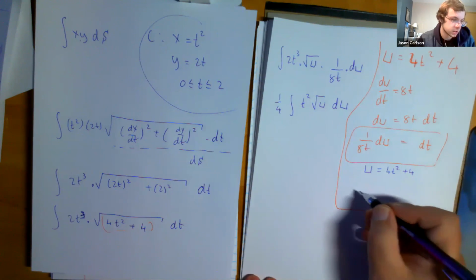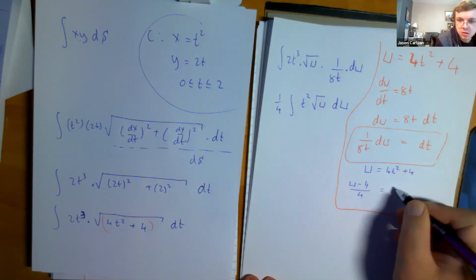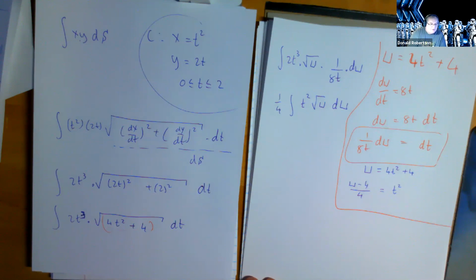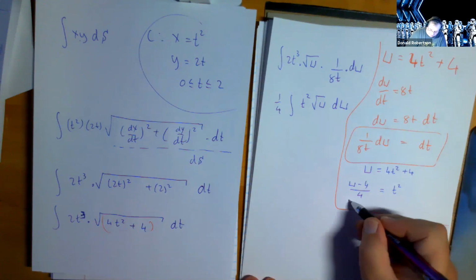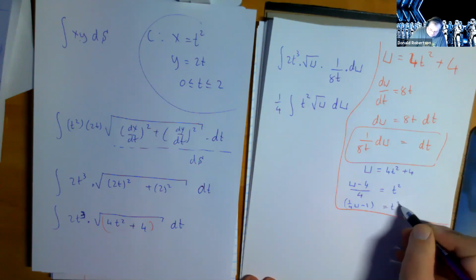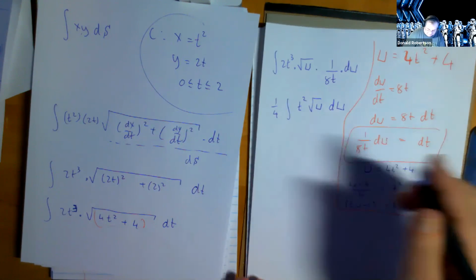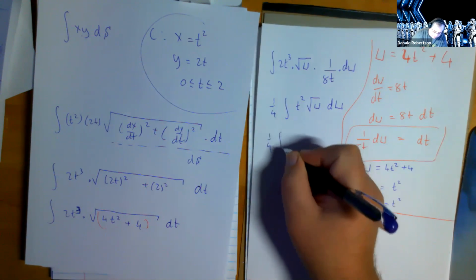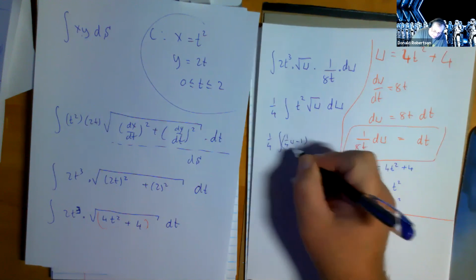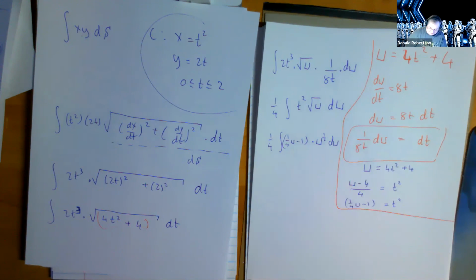t squared equals u over 4 minus 1. Subtract 4, divide everything by 4, which I'm going to call a quarter u take away 1, which means that this thing is 1/4 the integral of 1/4 u take away 1 times the square root of u, which I'm going to call u to the half.